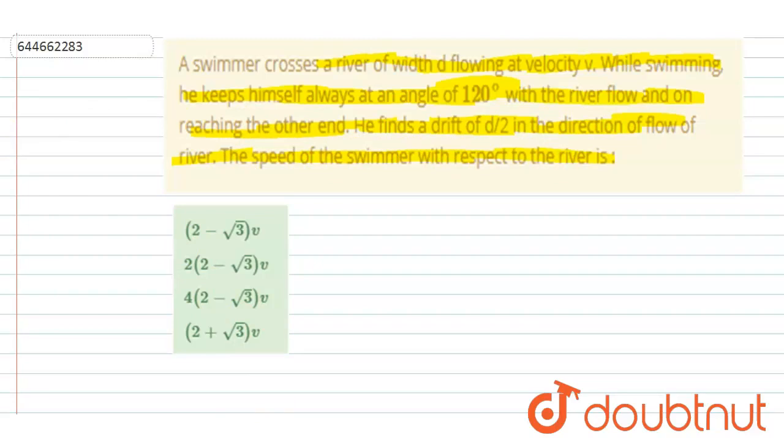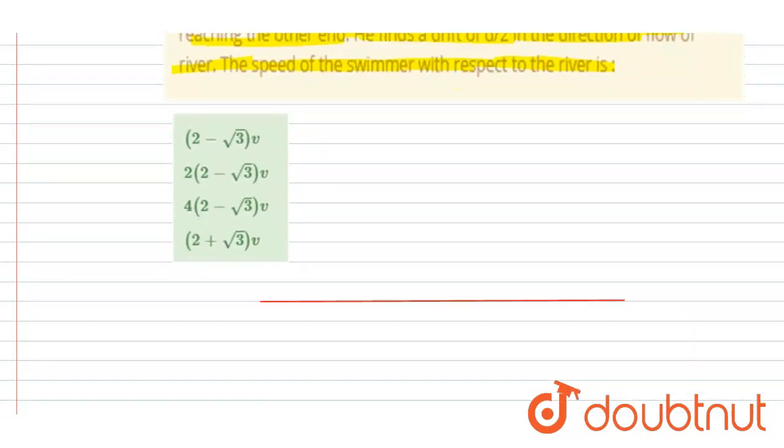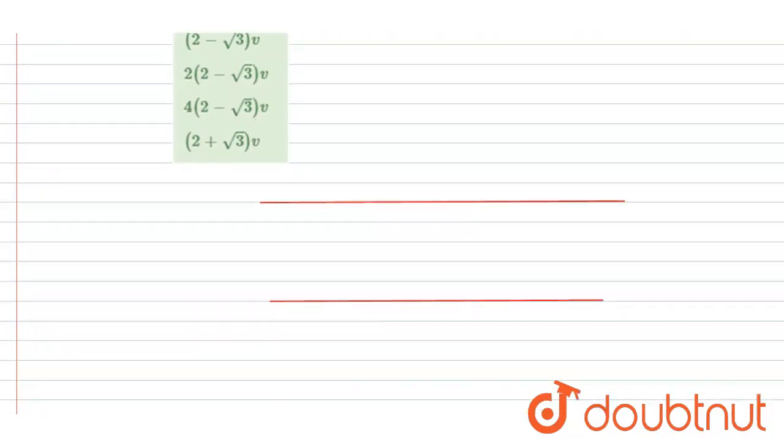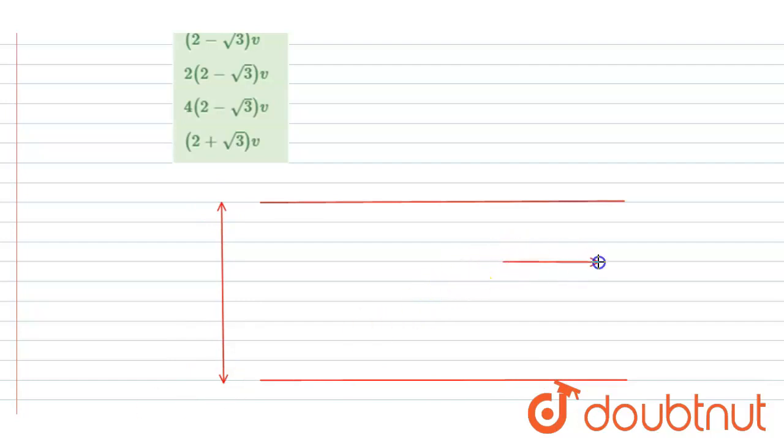So if I draw the diagram, let's say this is the river. And the width of the river is given, it is d. And the river is flowing with a velocity v in this direction, let's say.